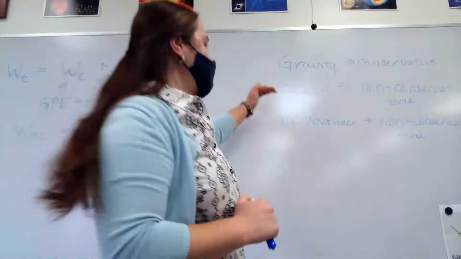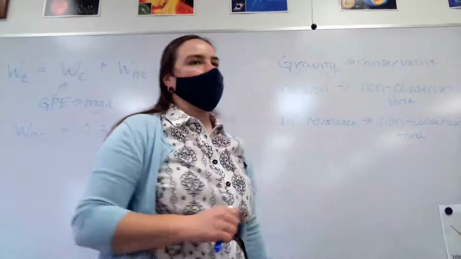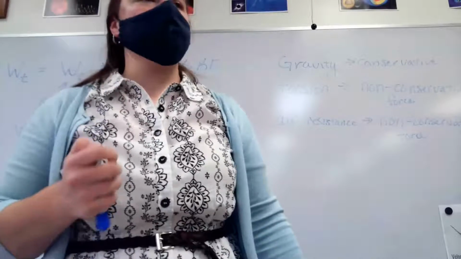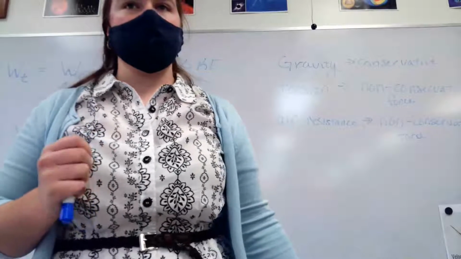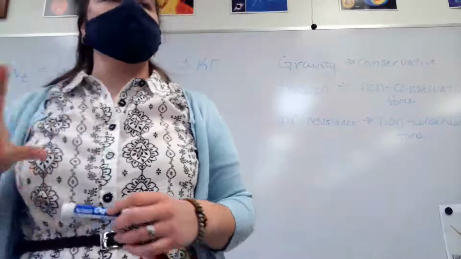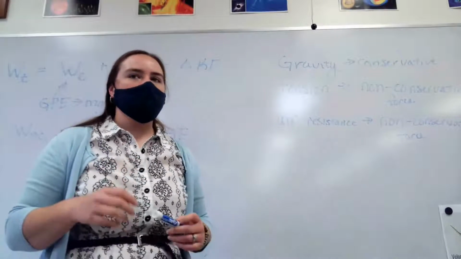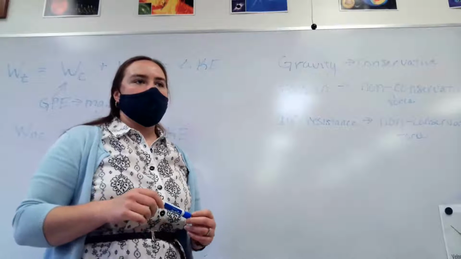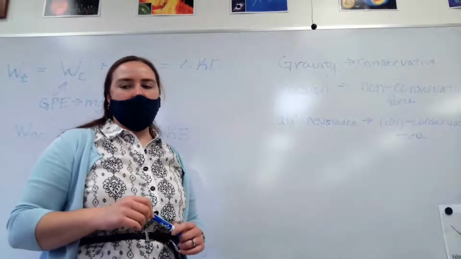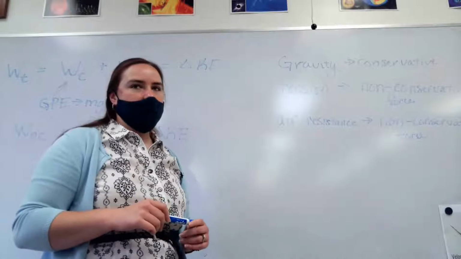Now, with these two, we're going to need to figure out if they do work. Okay? Because non-conservative forces won't necessarily always do work. So, how did we tell if something did work? If it moves, but there was an equation that we had.